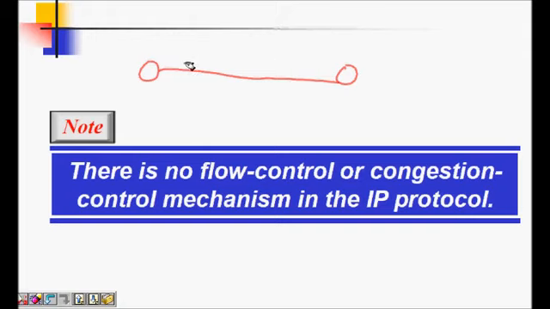I will not think about whether the receiver is ready to take that many packets, or whether there is congestion in the network so that I should send fewer packets. There is no such mechanism, at least on the IP layer. So ICMP provides some feedback here. This is called source quench.